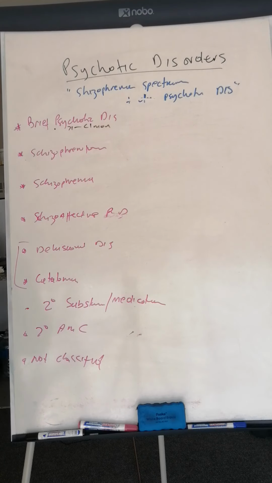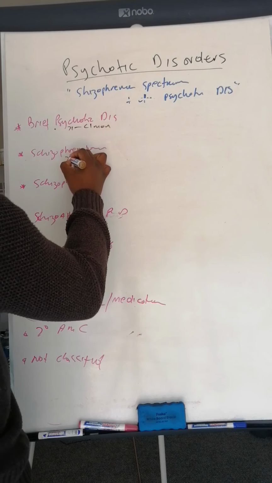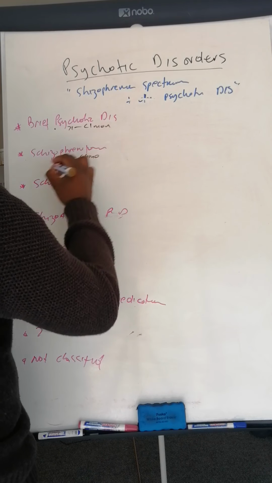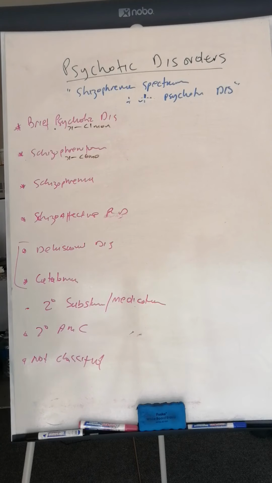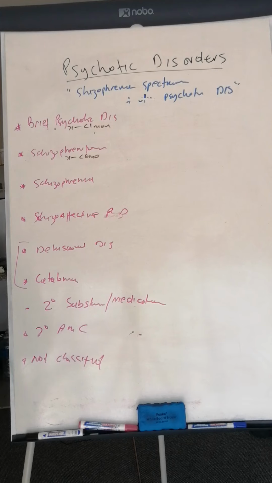Schizophreniform is someone who is presenting with signs and symptoms that are related to psychosis, the ones that we spoke about, but it's more than 1 month, but less than 6 months. Schizophrenia. Okay, another thing that I wanted to mention here is that a brief psychotic disorder is a retrospective kind of diagnosis, because when someone is psychotic now, you don't know how long their symptoms will last.